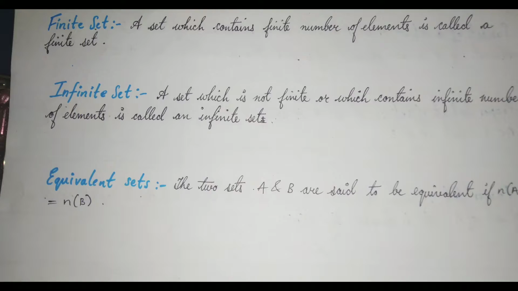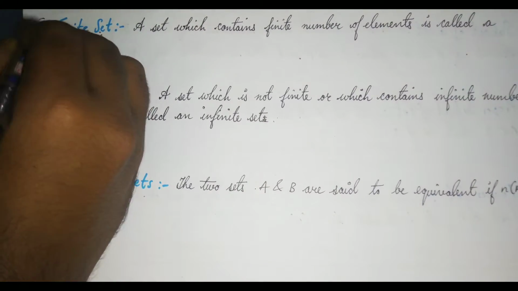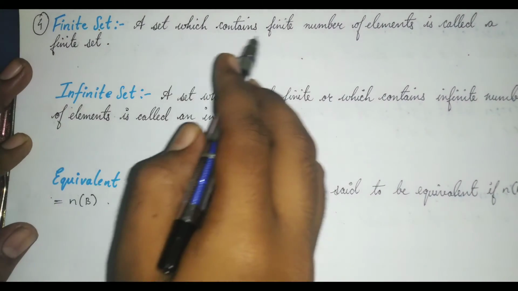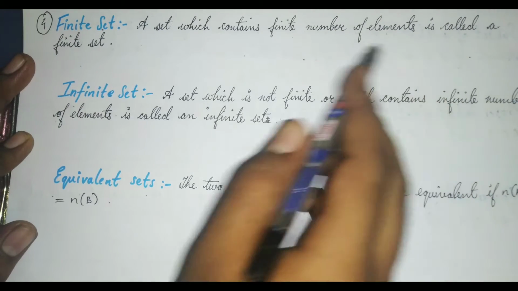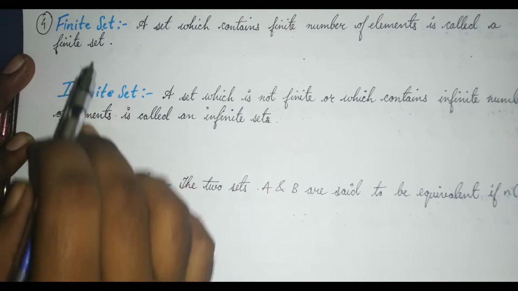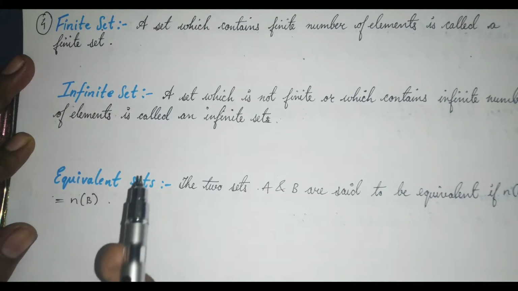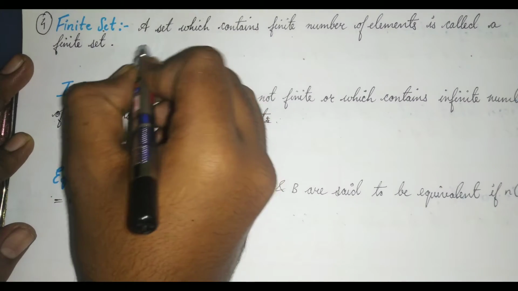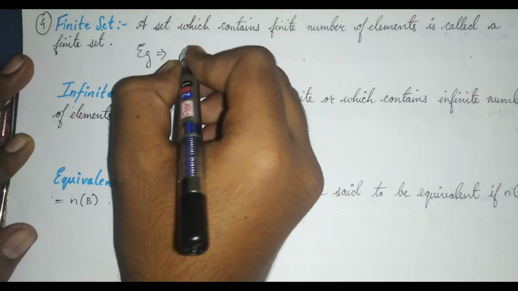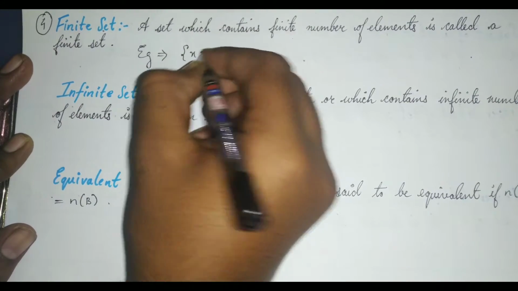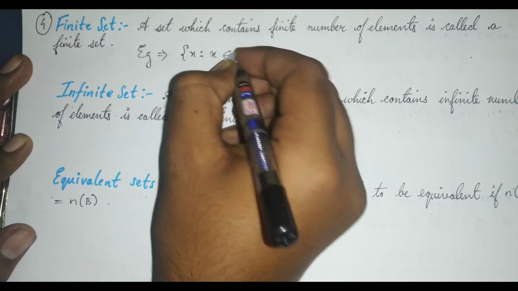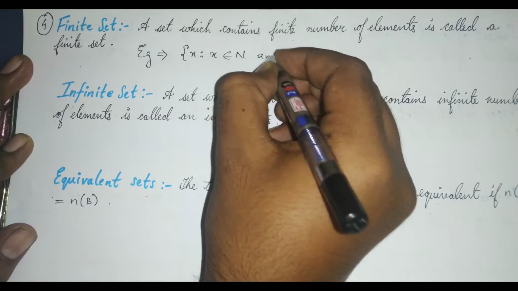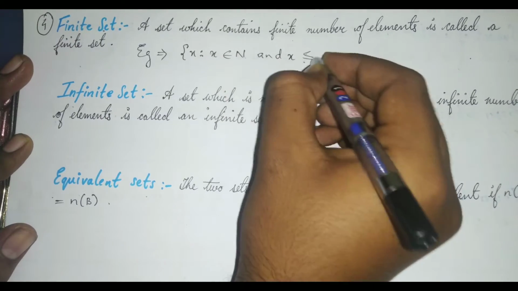Moving on to the fourth one, that is the finite set. A set which contains a finite number of elements is called a finite set. That means the elements are countable. If you take an example, the set of x such that x belongs to N and x is less than or equal to 10.